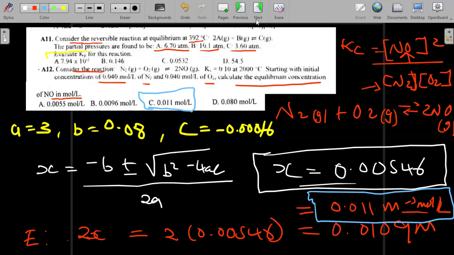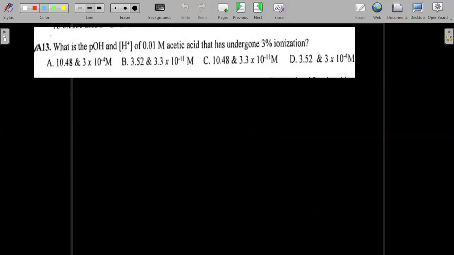Okay, I'll move to the next one then. The next one, we have this question here. They're saying, what is the pOH and the concentration of hydrogen ions of 0.01 molar acetic acid that has undergone 3% ionization? So we need to know the formula for ionization.